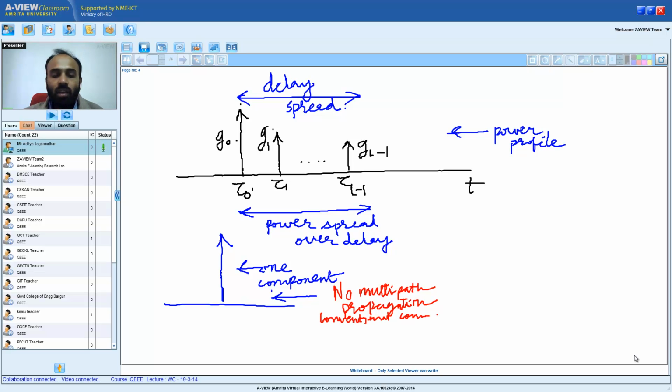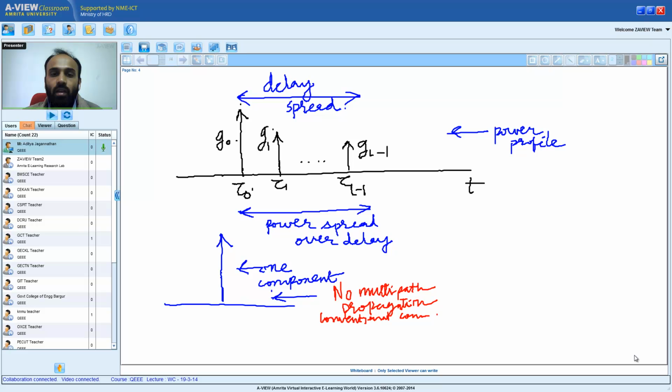In a conventional communication system, because there is no multipath propagation, there is only one component, and therefore only a single instant of time at which all the power is arriving.